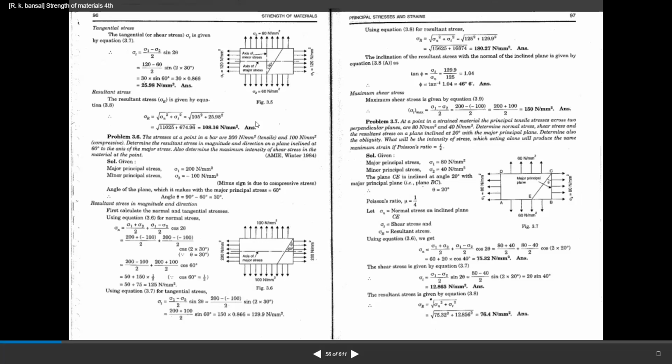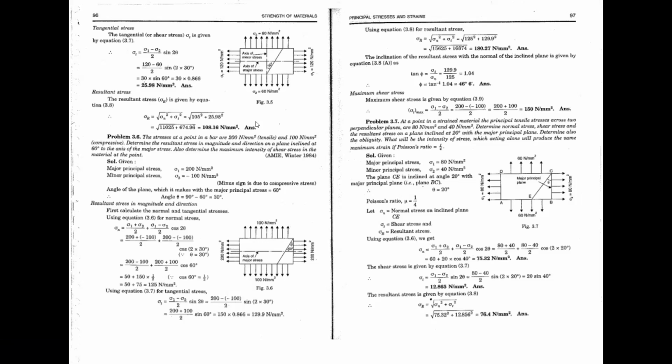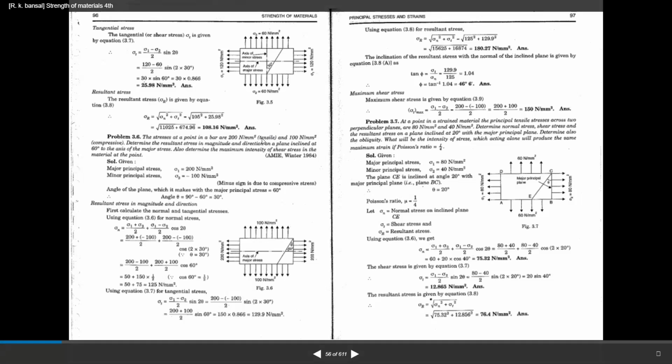This is the procedure for calculating the tangential stress, normal stress, and the resultant stress for the analytical method, second case. Now let us take another example, problem 3.6. The stresses at a point in a bar are 200 Newton per mm square tensile, indicated in the bracket, and 100 Newton per mm square compressive.